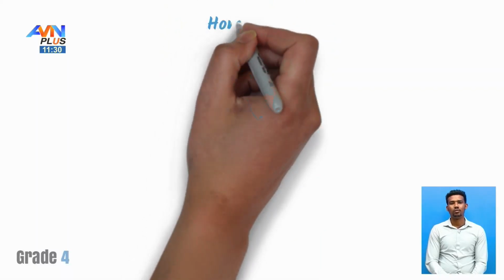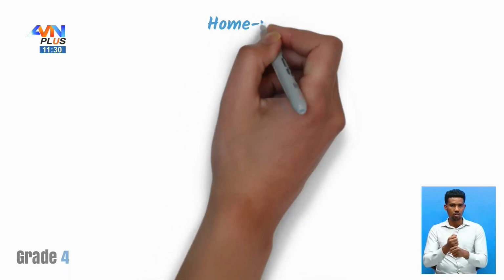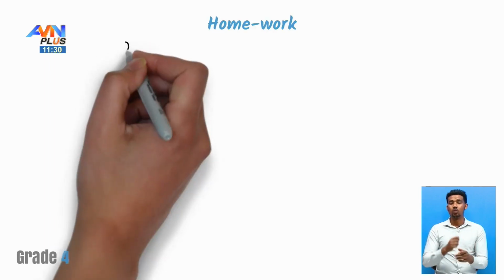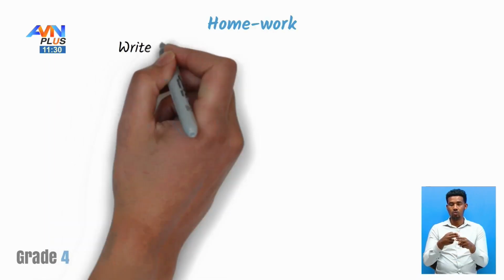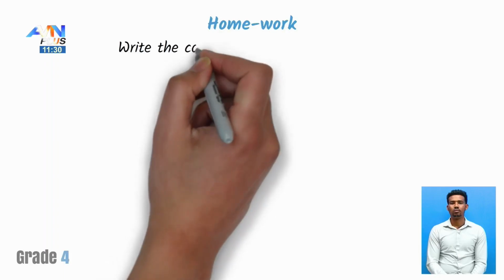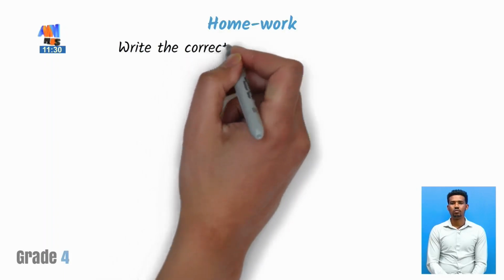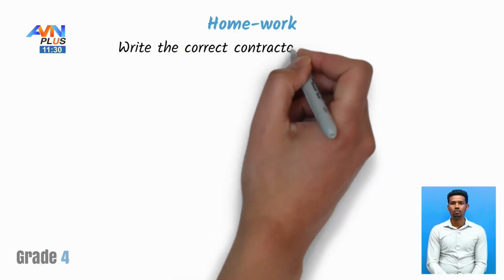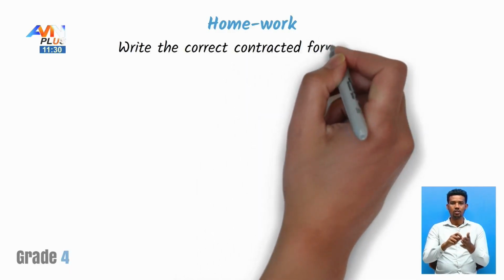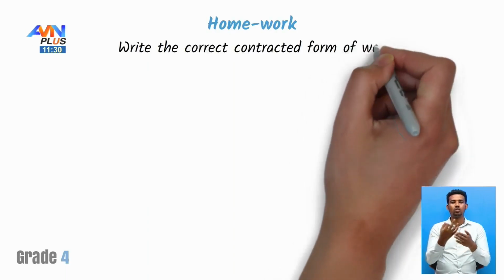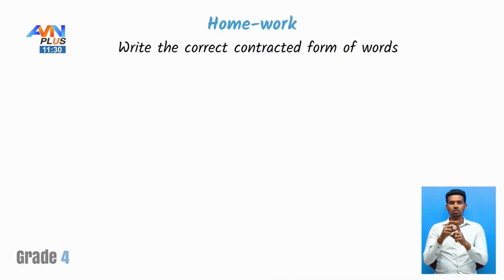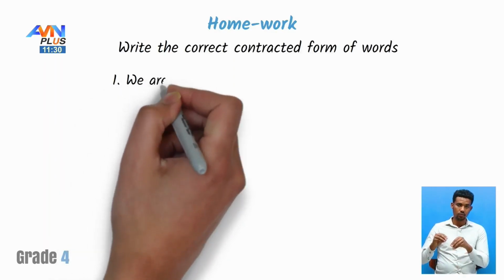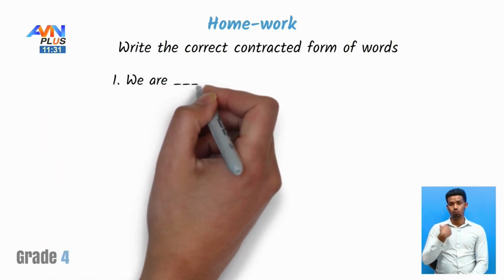Homework. Write the correct contracted form of words. Here is students. We are.